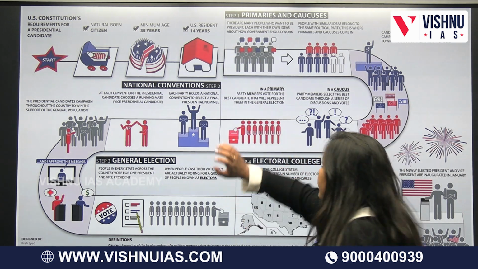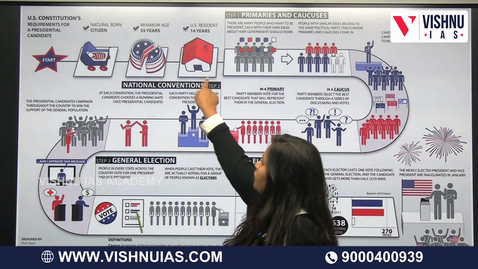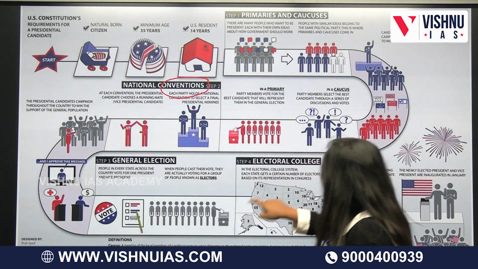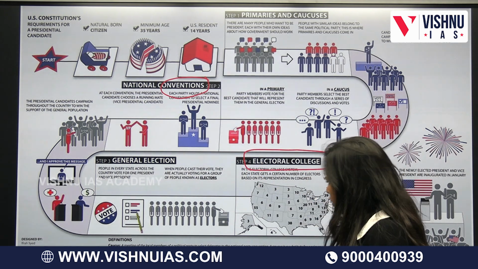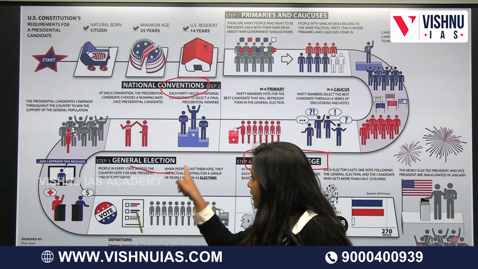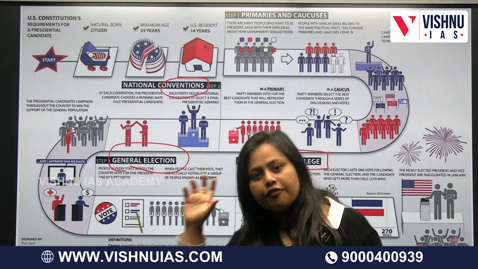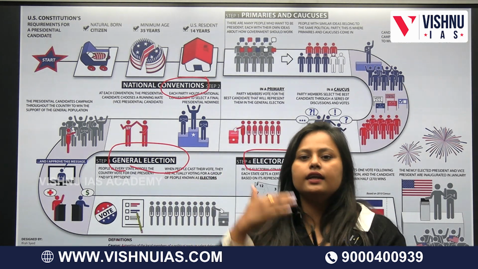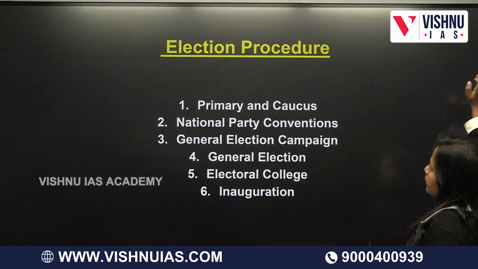Some key words are primaries and caucuses, and also conventions. There is also a concept called the electoral college, and a concept called delegates and the general election. If we understand these keywords, then we'll understand how the president gets elected. So we'll learn about it.